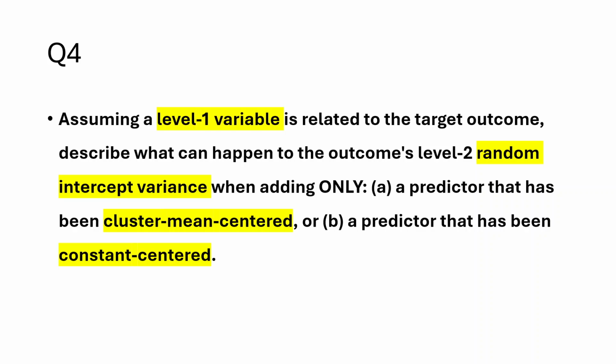And then the next question: assuming the level 1 variable is related to the target outcome, describe what can happen to the level 2 random intercept variance when only adding a predictor that has been cluster mean centered. So what is in a level 1 variable after cluster mean centering? Just within variance. Yeah. And that is going to explain the residual variance.